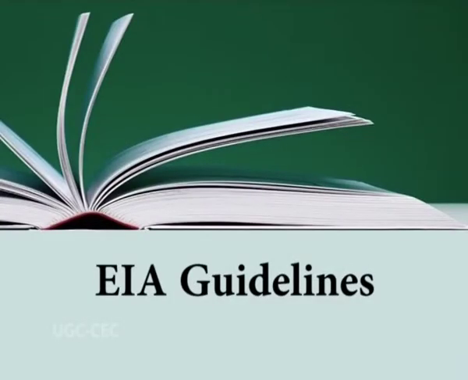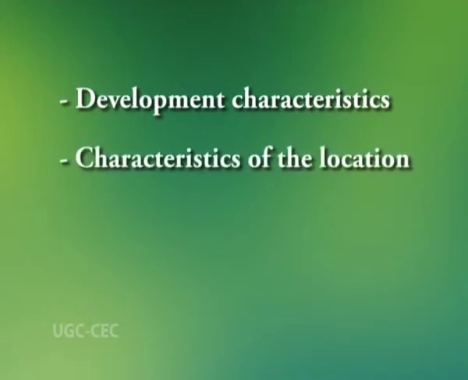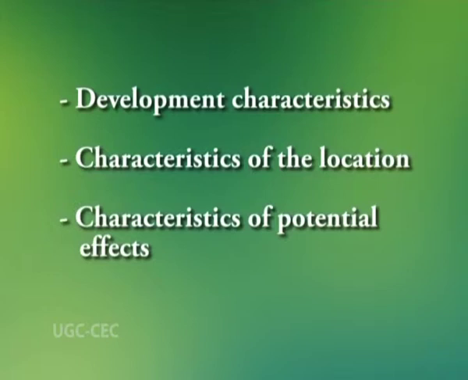Official EIA guidelines usually contain lists or schedules specifying which developments require an EIA. These criteria include development characteristics, characteristics of the location and characteristics of potential effects.